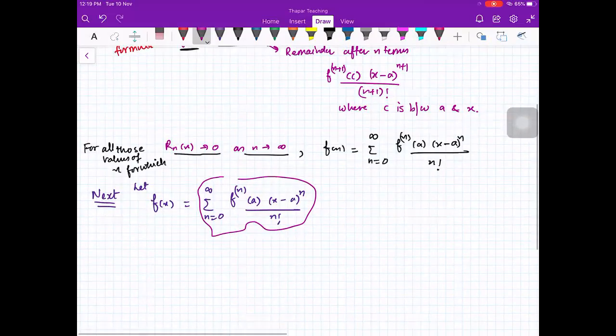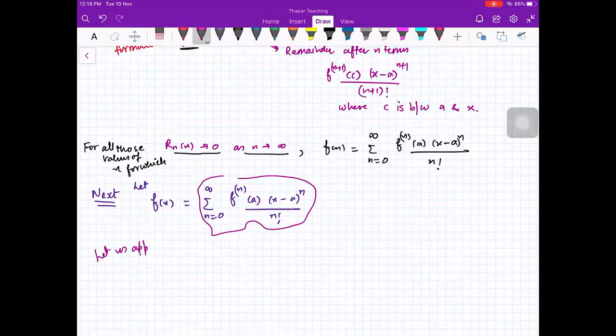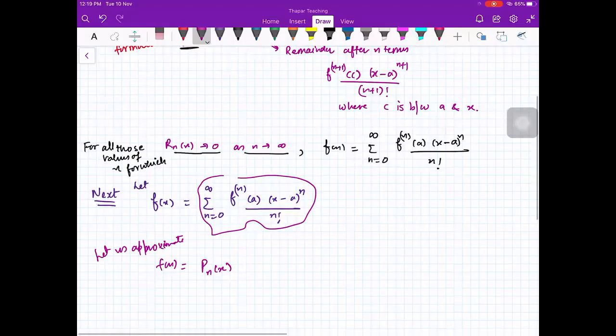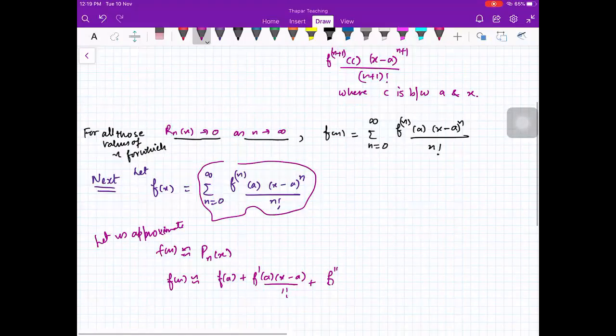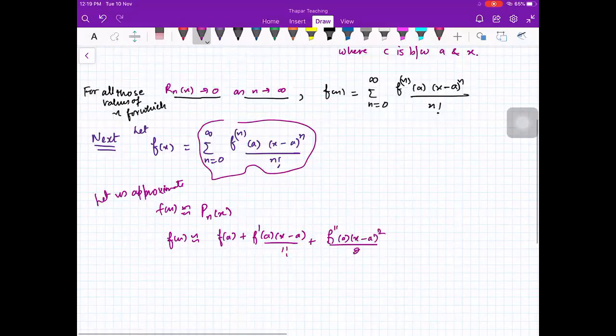Let us approximate f of x with Pn x. So in place of f of x, I will write f of a plus f dash a into (x minus a) upon 1 factorial plus f double dash a into (x minus a) square upon 2 factorial and so on, plus the nth derivative at a, (x minus a) raised to power n upon n factorial, right?